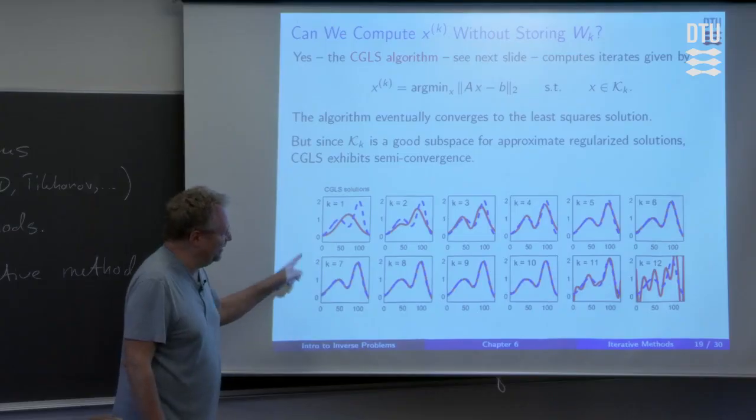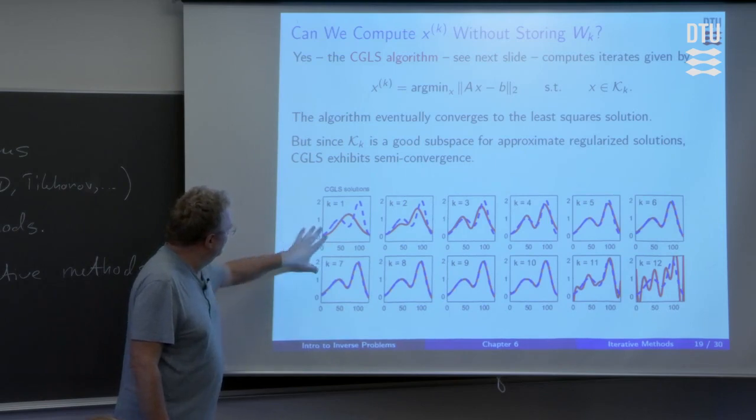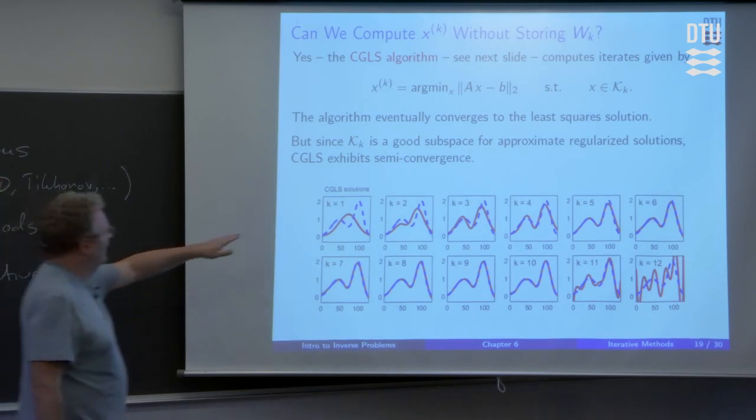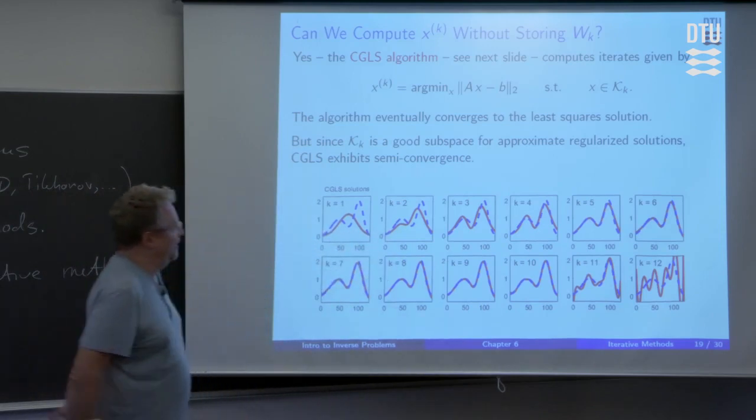I'm jumping a little ahead here to page 19. If you look at the bottom here, again, this is a short test problem. The exact solution is the blue dashed line there. And now my projected solutions for different numbers of k are the red lines there.